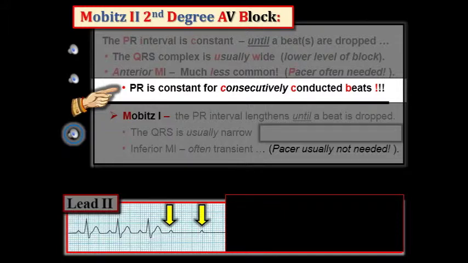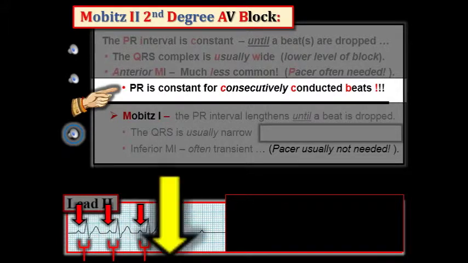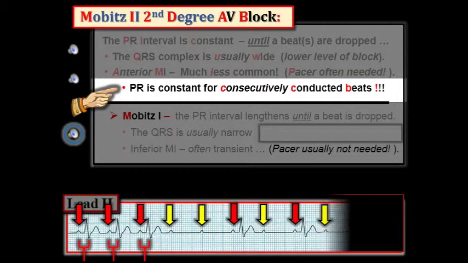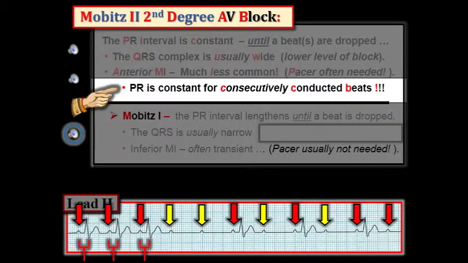In this example, the diagnosis of Mobitz 2 is secure because there are 3 consecutively conducted sinus beats at the beginning of this tracing in which the PR interval remains constant, red brackets, before non-conducted P waves, highlighted by the yellow arrows, are seen.